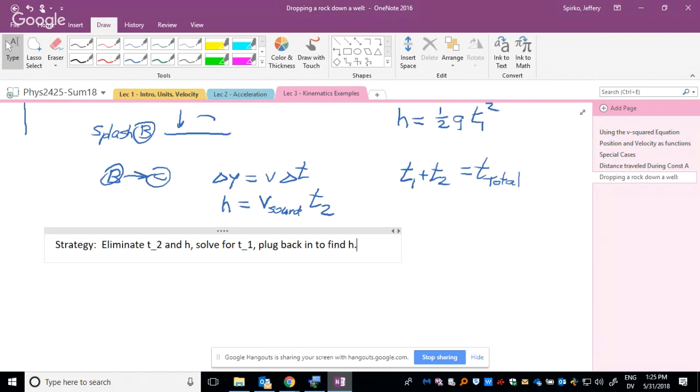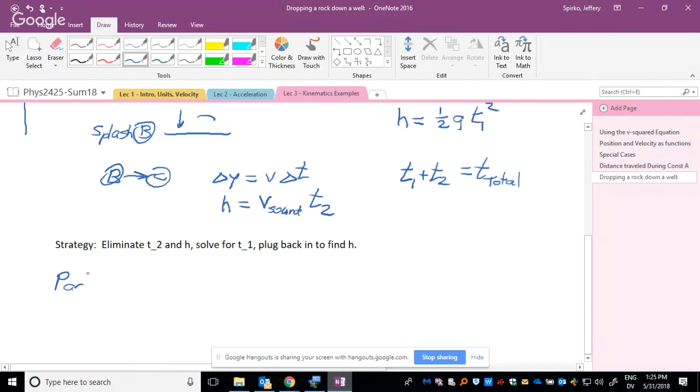And that gets you the answer to part A. For part B, all you have to do is set T1 equal your total time.